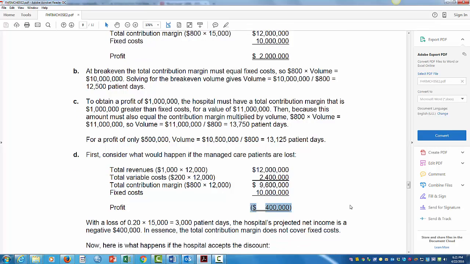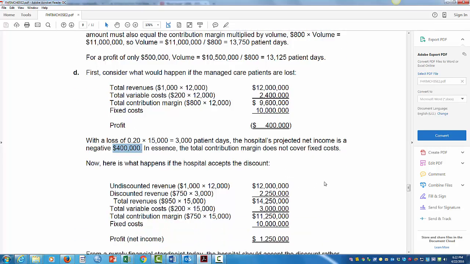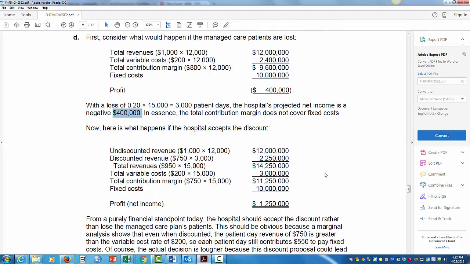So now we will suffer a loss of $400,000 due to the decrease of 3,000 patient days. That's the 20% decrease. So therefore, the net income or net loss is now a loss of 400,000. So the contribution margin, in effect, does not cover the fixed cost.